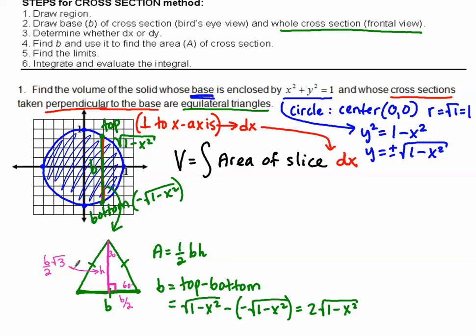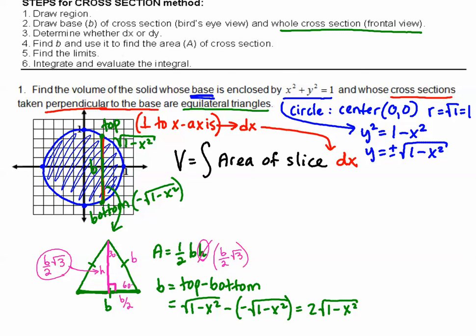If you're not sure, you can always use the Pythagorean theorem, where we know the hypotenuse is also b, because this side was b, and you can use c squared equals a squared plus the other guy squared, right? Now, we know that the h is actually over here, b over 2 times square root of 3.